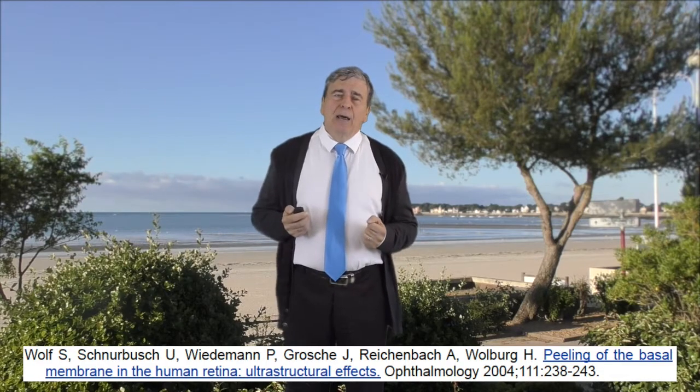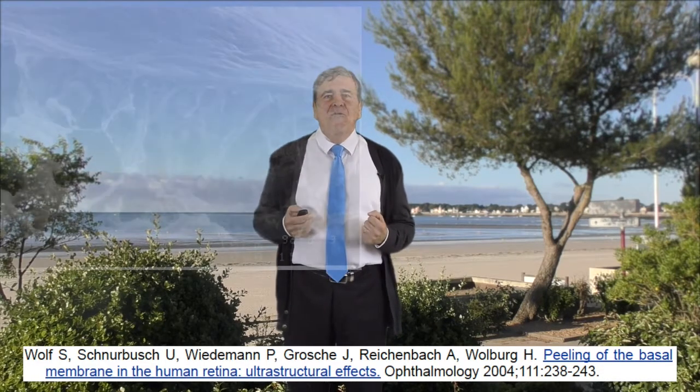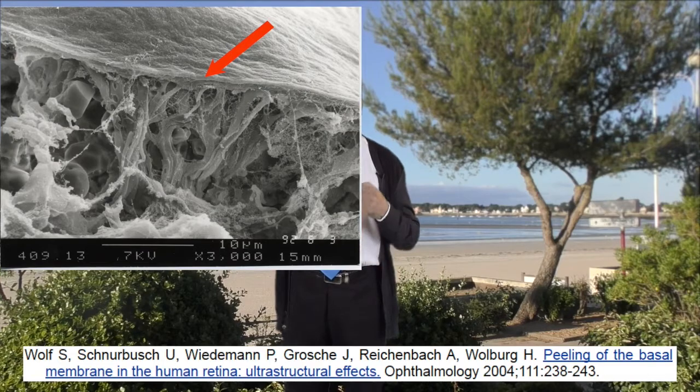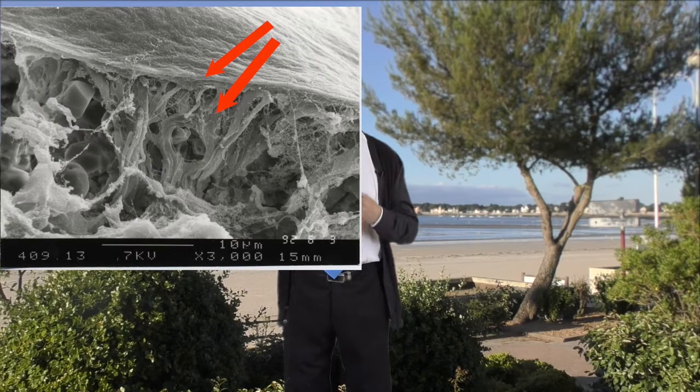There must be, therefore, in addition, a repairing mechanism. This is what Wolf showed by proving that the ILM removal is always accompanied by a tearing of the Müller cell end feet and therefore by a trauma of these cells.